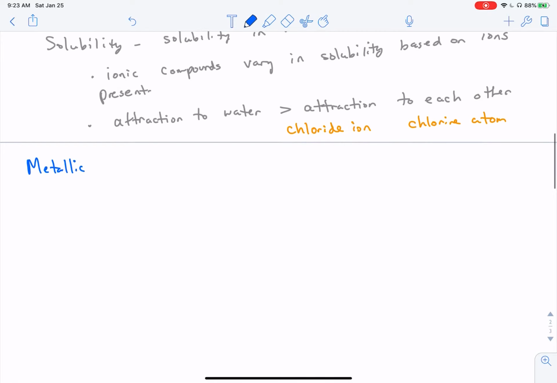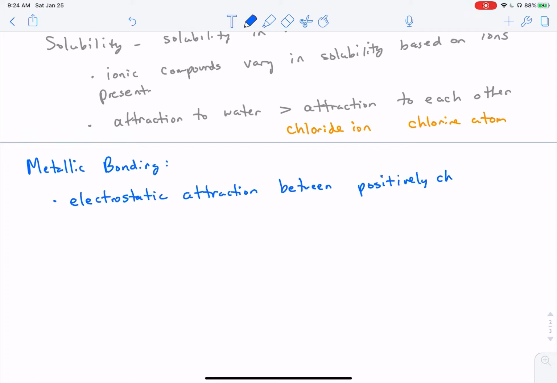So metallic bonding. Okay, metallic bonding is the electrostatic attraction between positively charged ions and delocalized electrons.